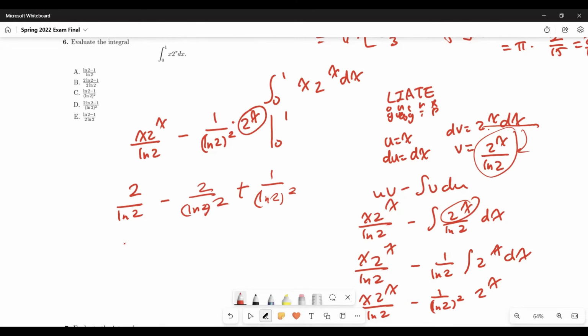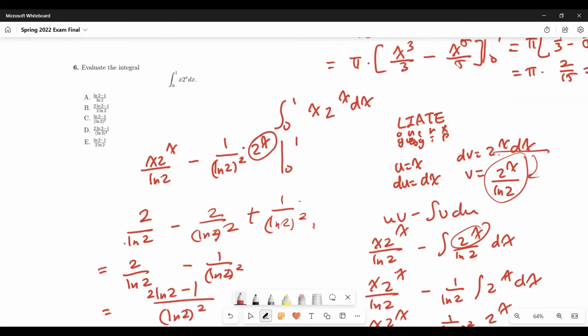And then minus 0, because if you plug in 0 for x, then this just becomes 0, and this is still plus 1 over ln 2 squared. So this is just going to be 2 ln 2 minus 2 plus 1 over ln 2 squared, which is 2 ln 2 minus 1 over ln 2 squared. So the answer for this question is D.